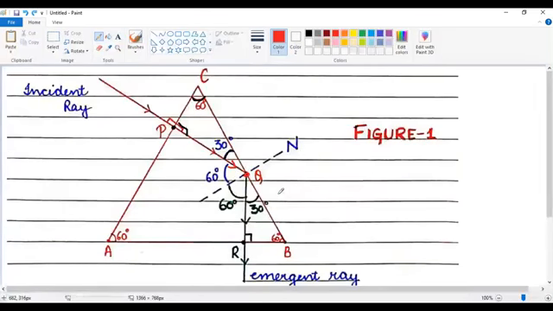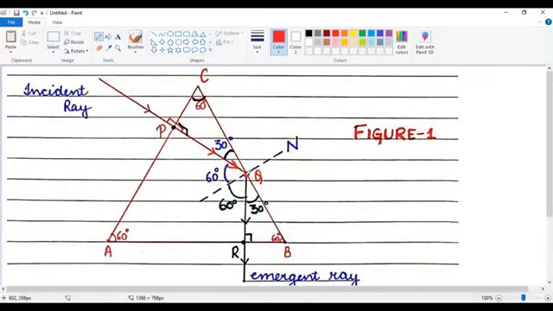The angle made between the incident ray and the normal is shown dotted in figure 1, and it is 60 degrees. Students, the normal means an angle of 90 degrees.